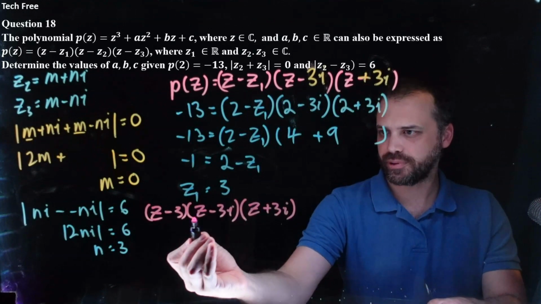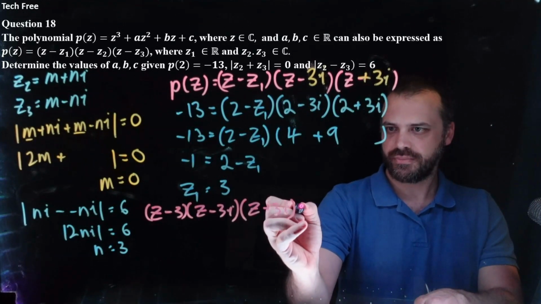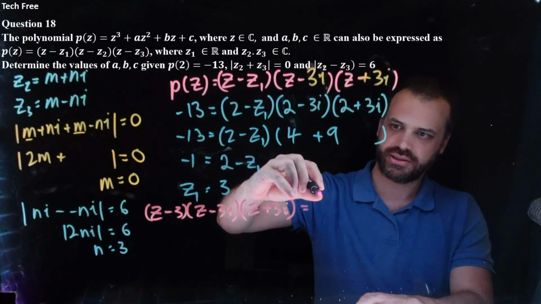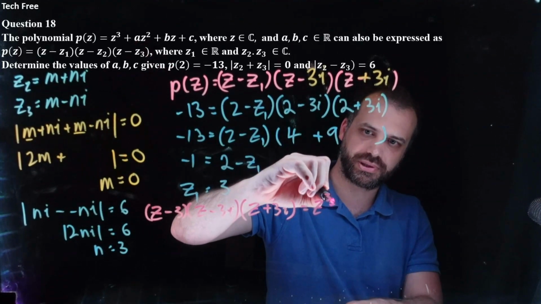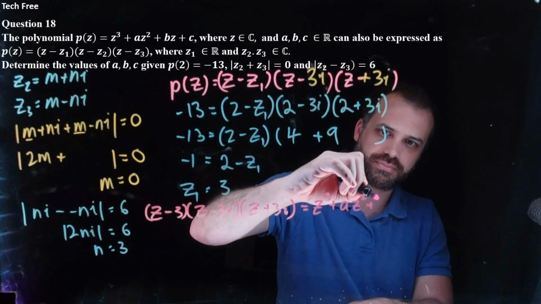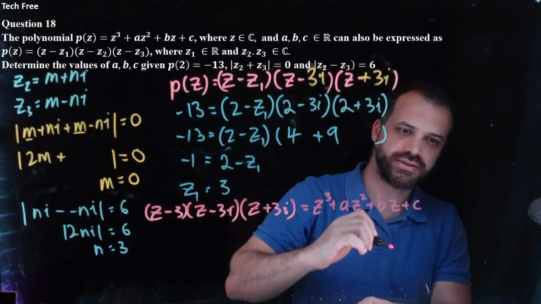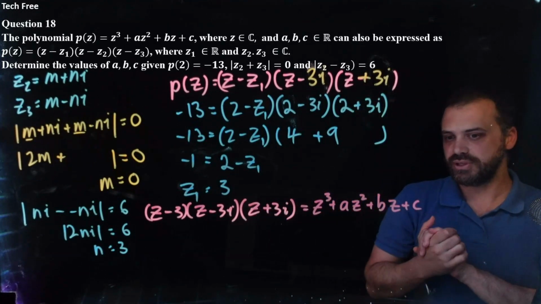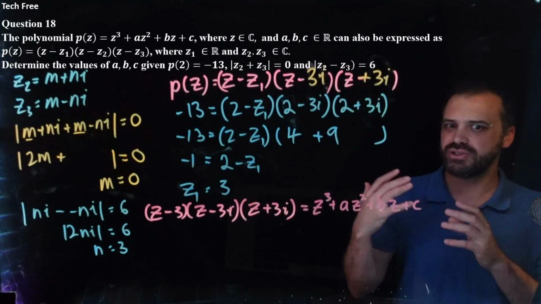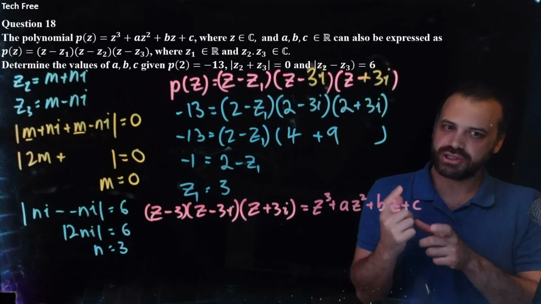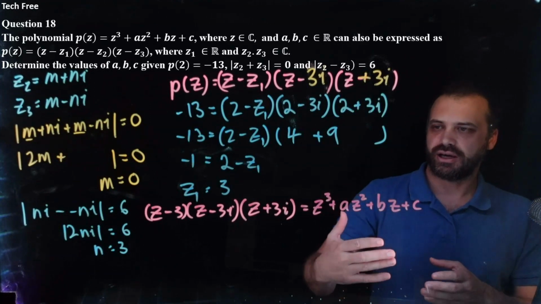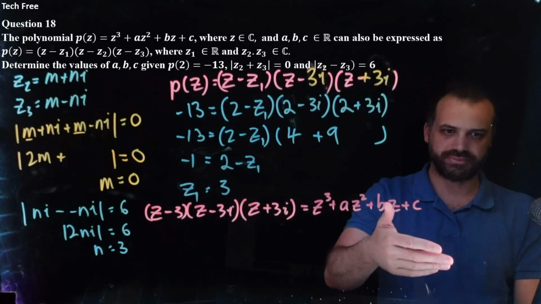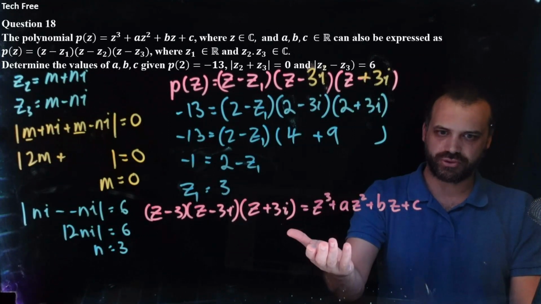So that's my complete factorized version, but we didn't start with a factorized version. We started with this one up here. Z cubed plus AZ squared plus BZ plus C. And this is something that you come across as soon as you start doing complex polynomials. There's going to be a time when you're equating a factorized form to an expanded form.